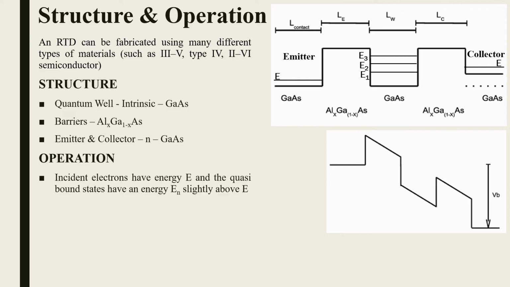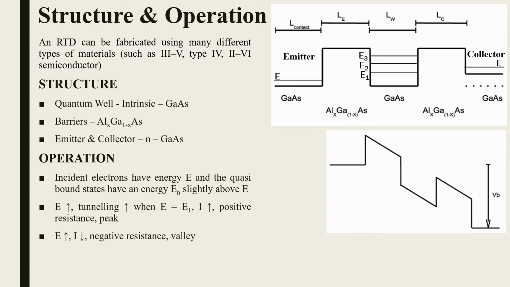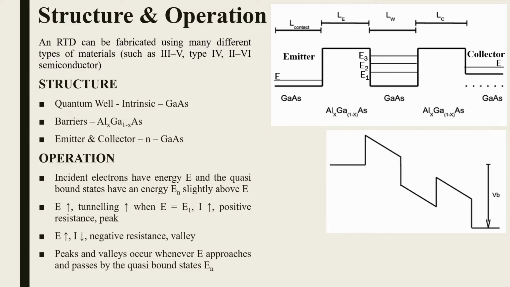After that, a further increase in E will result in a decreasing current. This decrease of current with an increase of bias is called negative resistance. Further, peaks and valleys will occur as E approaches and then moves past the other quasi-bound states E2, E3 and so on.